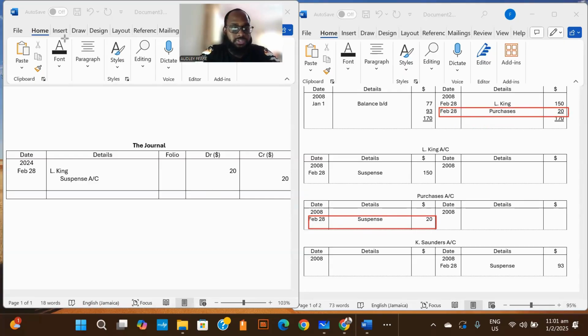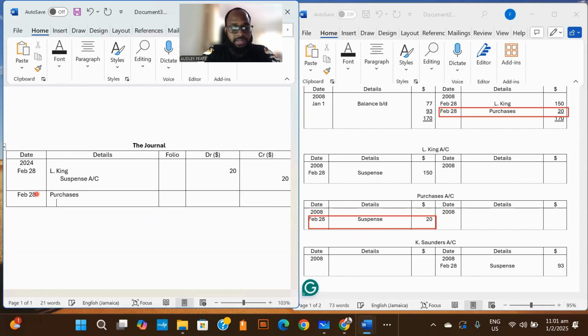So let's go February 28th, debited purchases, and we credited the Suspense account, and the total was, oh, this was $20. 20 here, and over here should be 20. This should be 150. All right, back on track.